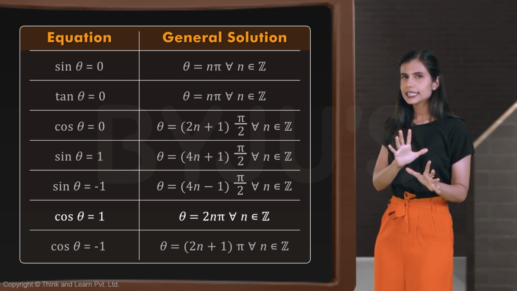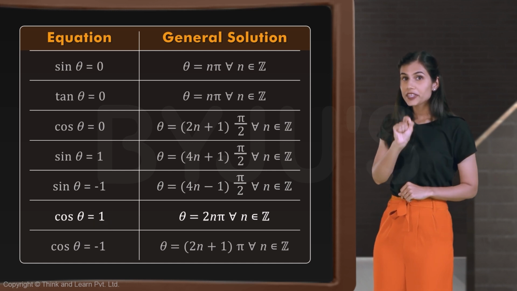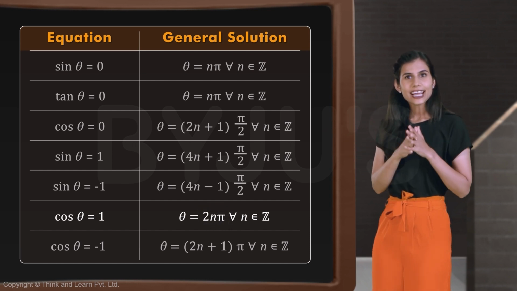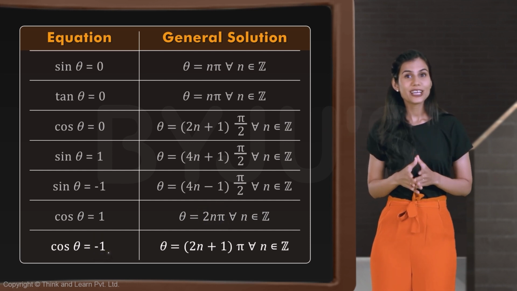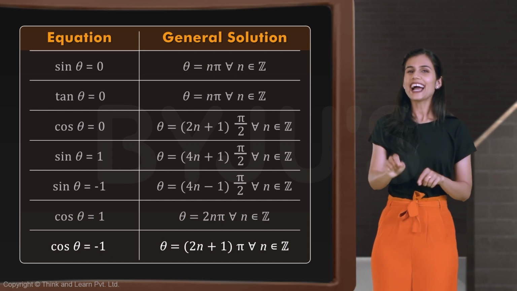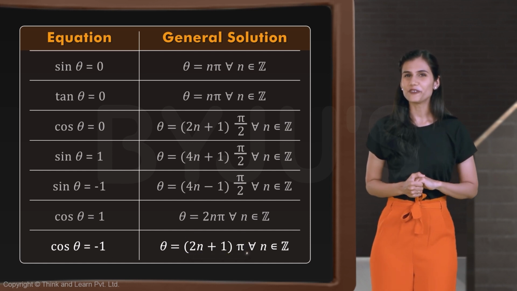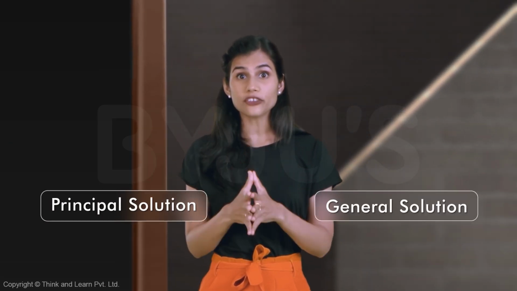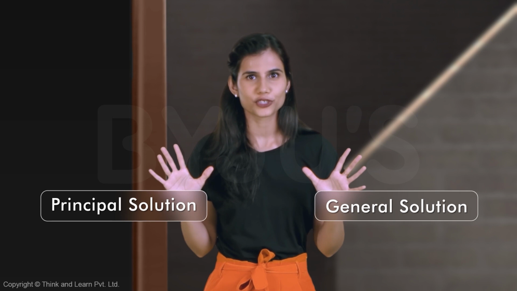Further, cos theta has value 1 when theta becomes, yes, an even integral multiple of pi. And it has the value -1 when theta becomes an odd integral multiple of pi. You're right. That's all for now, folks. I hope the idea of principal solution and general solution is crystal clear to you.